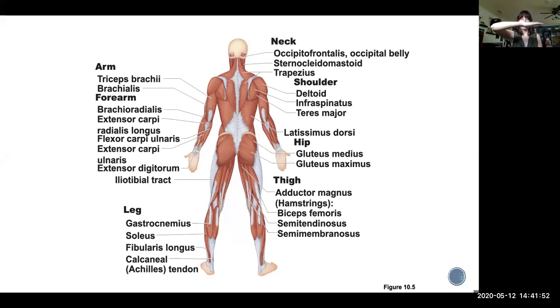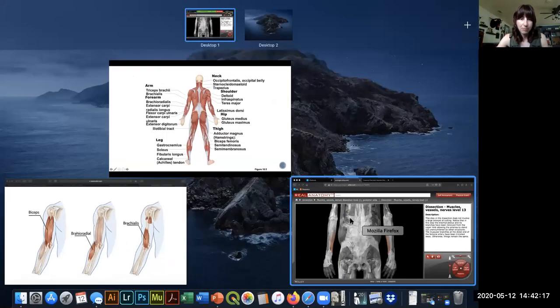So you can flex your digits like this, and you can extend your digits like this, and it's going to be that extensor digitorum that is going to be pulling to extend your fingers, your digits, okay? So your extensor digitorum is going to extend your wrist and your fingers as well, your hand, okay? Let's see how many of these we can identify on our delightful little friend over here.